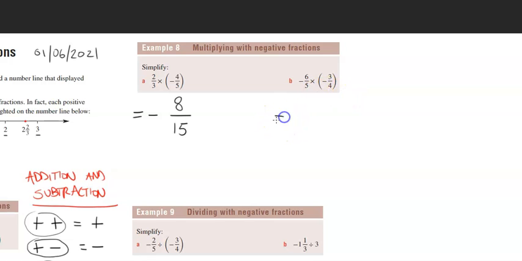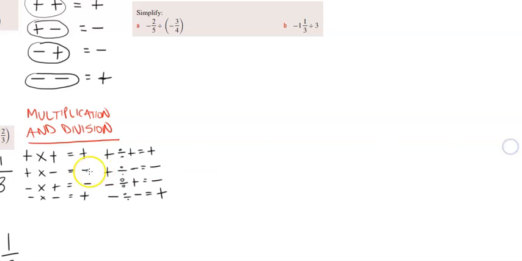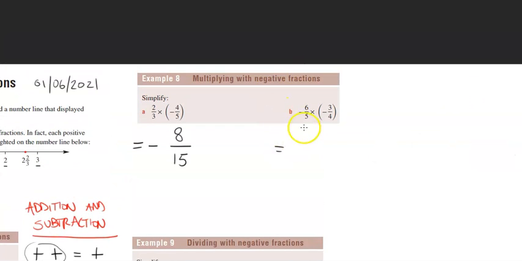This one here, we have a negative multiplied by a negative. This will give us a positive number. So instead of writing positive at the front, I'm just going to leave it as is, because when you leave it blank, it implies it's a positive number. This will be 6 times 3, which is 18, and 5 times 4, which is 20.